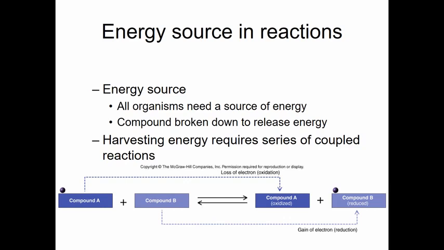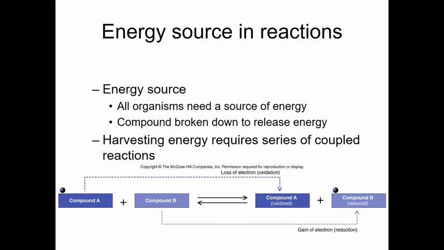All right, so remember, all organisms need a carbon source and an energy source. The carbon source is used because they need carbon to do anabolism. The energy source is used because we have to make ATP, which is then also used in anabolism. So all organisms need a source of energy, which is basically just the compound broken down to make ATP.